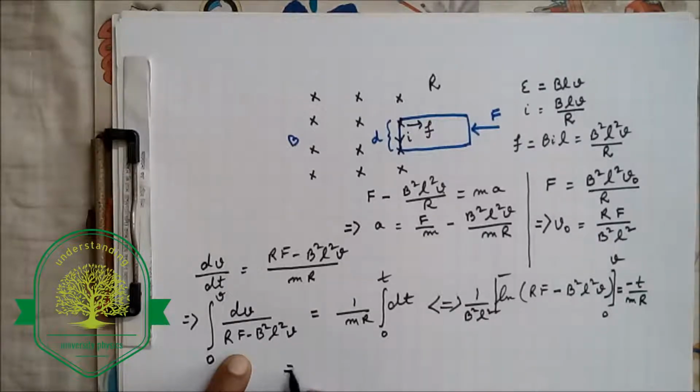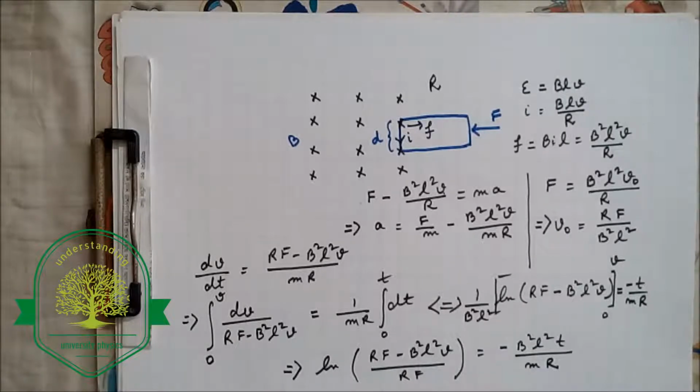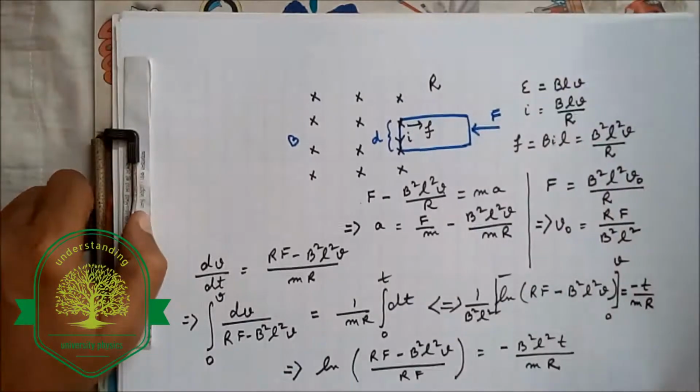So after substituting the limits, I'll get log of Rf minus b square L square v divided by Rf equals minus b square L square t by mr. Alright, so I'll have to turn the page.